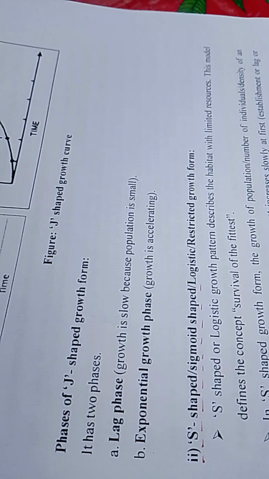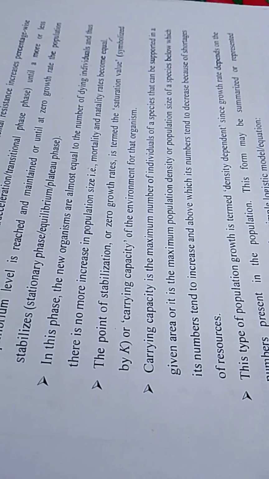Then it increases more rapidly, logarithmic or exponential phase, due to availability of food and requirements in plenty and no competition, but it soon slows down gradually as environmental resistance increases percentage wise.